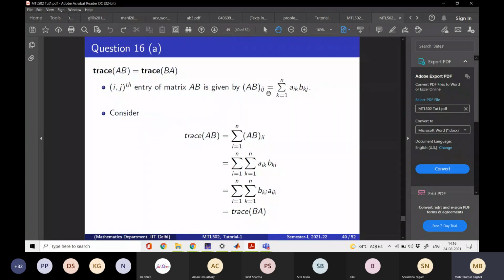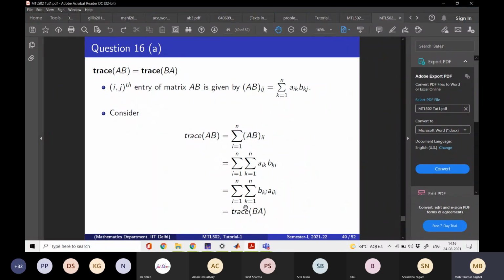You can write it this way: the ijth entry of the product matrix AB can be represented by the summation with k varying from 1 to n, aik bkj. So for the trace of AB, you just have to put j equal to i.